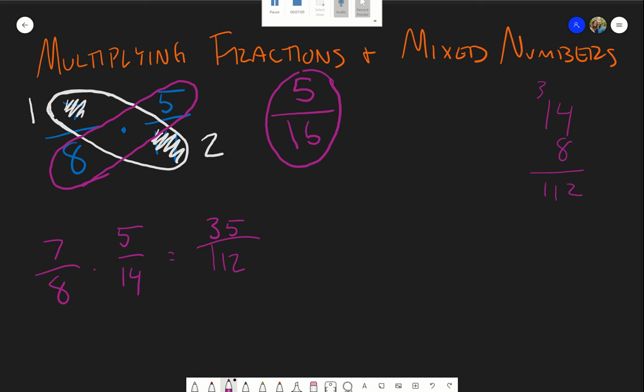Now, can 112 and 35 be divided by the same thing? I know they can. But if I simplify first, I do a lot easier math, and I can get to my simplified version before I have to try and do division of seeing what 35 and 112 can both be simplified by.